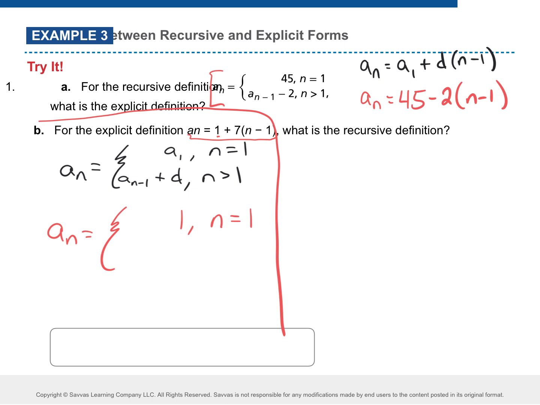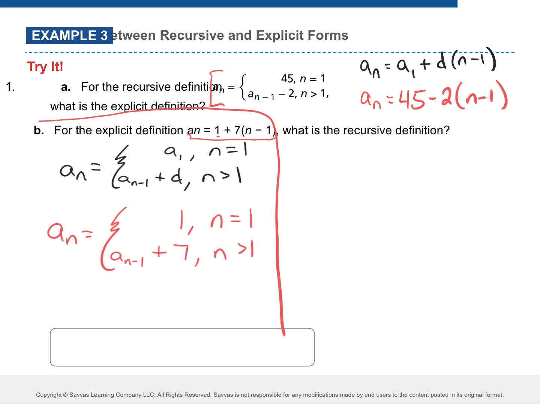Yep, because remember, first term is when N equals 1. Okay? And then what do I write on the bottom? N minus 1 plus 7, N greater than 1. Good. And then he got that 7 from where the difference is in the equation. And then that's all we do. We're just plugging that in.